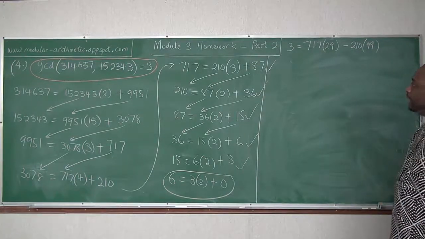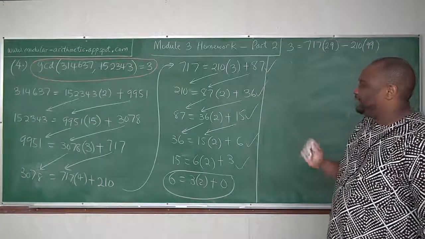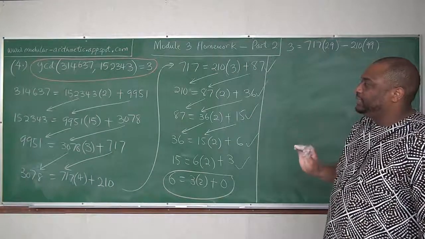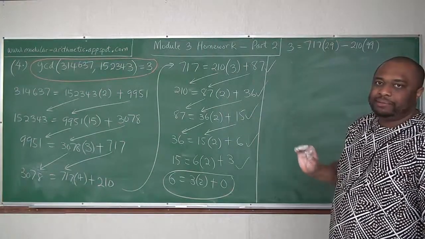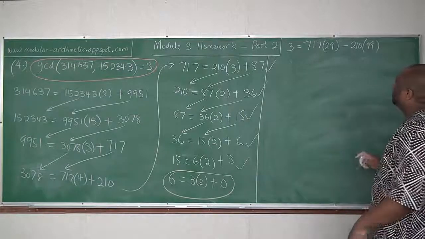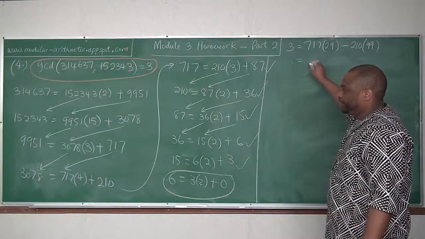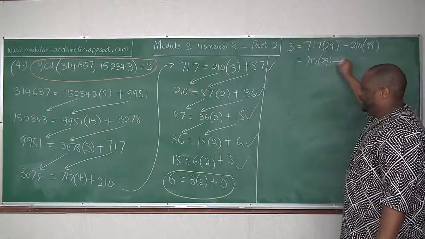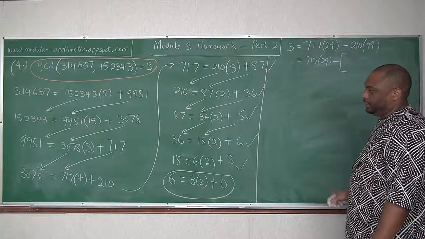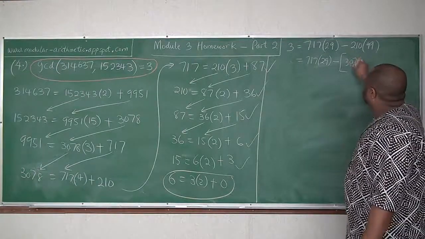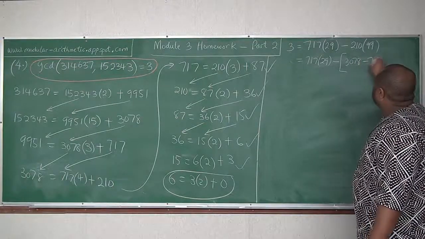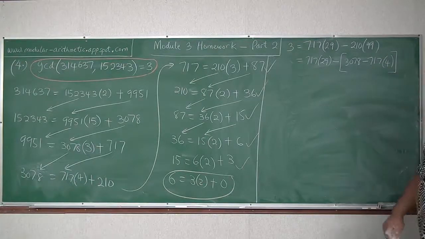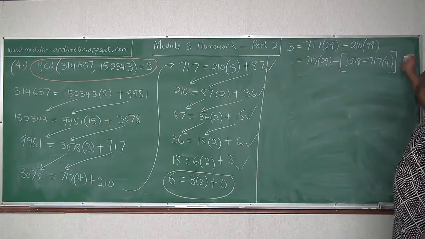Alright, the next one, I will isolate 210, because I have to see 3078 and 717. So this will be 717 times 29 minus, I put a bracket, 3078 minus 717 times 4, I close the bracket, then times 99.